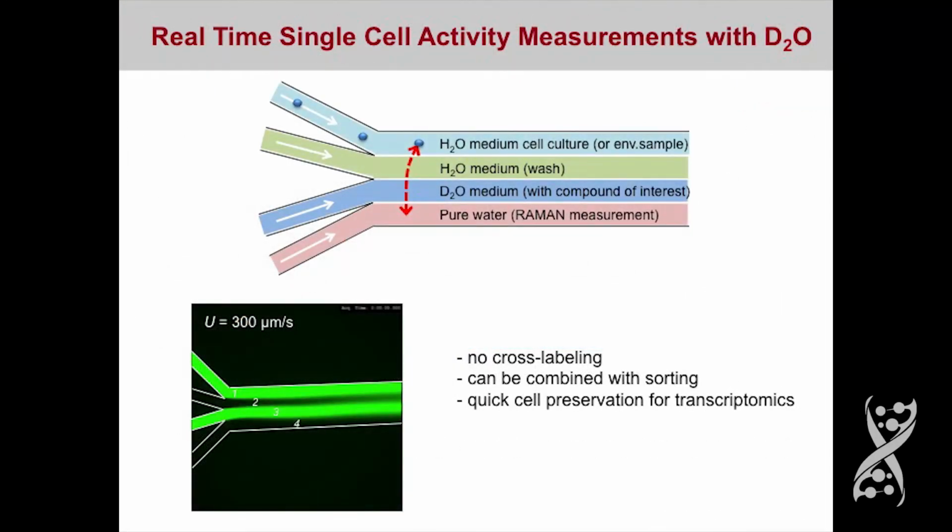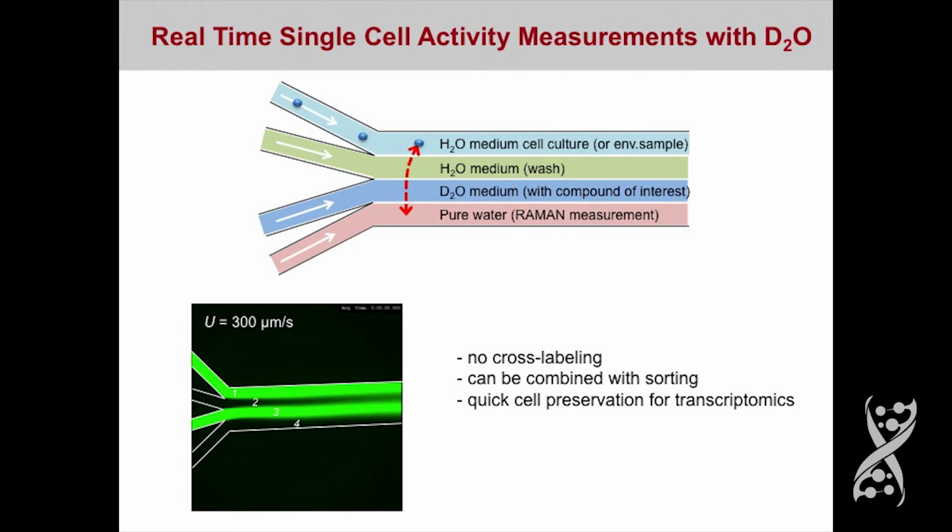So if you design a microfluidic chip where you have your sample flowing in its original medium with the cells inside, you can just grab out a cell, wash it in pure medium, and then incubate it with deuterated medium with a specific compound of interest in it, or maybe the normal compound and some antibiotics.